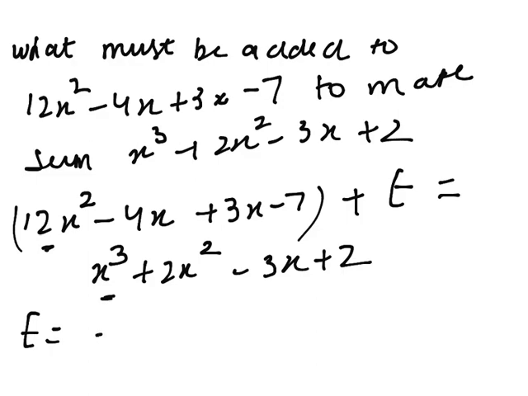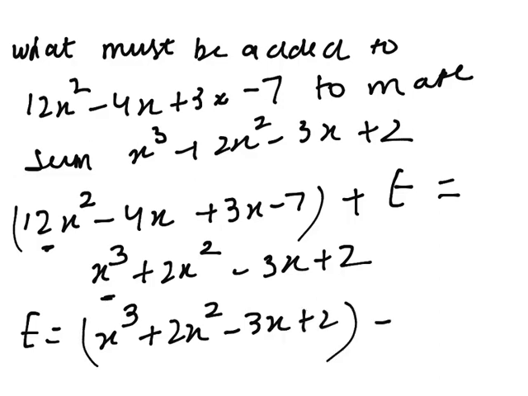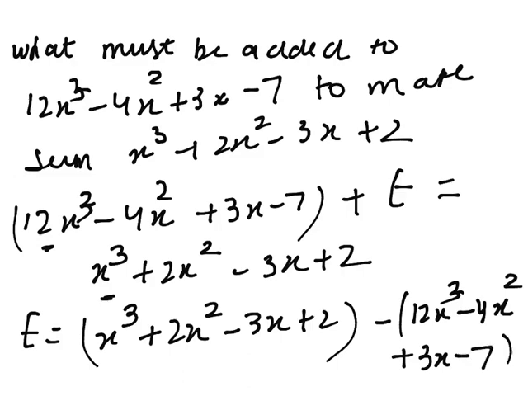So e will become x cube plus 2x square minus 3x plus 2 minus 12x cube minus 4x square plus 3x minus 7. Sorry, it will be cube over here, 12x cube. So now let's start with opening the parenthesis and then solve it.